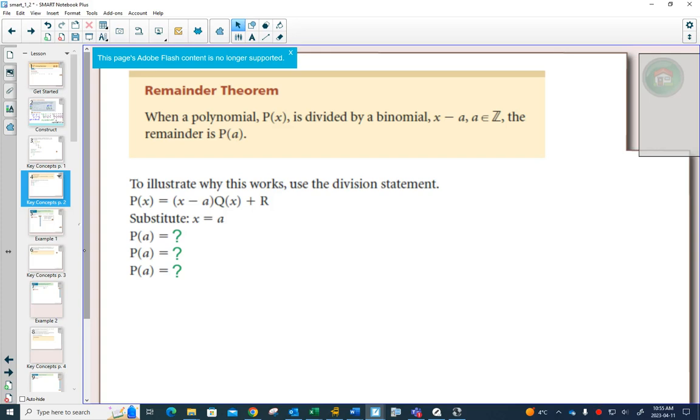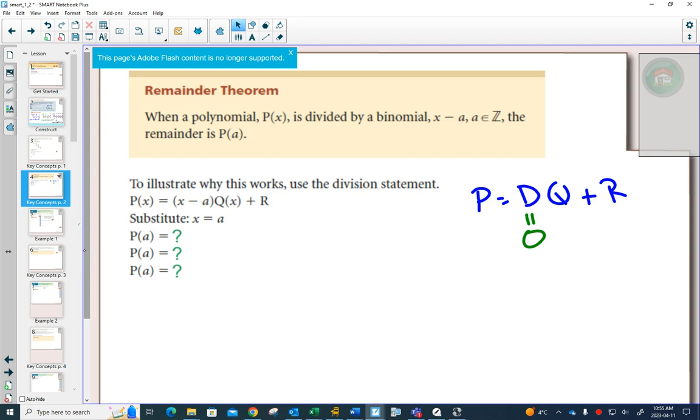And the division statement explains why this happens. Because your division statement, if your divisor is x minus a and you plug in a, this part will always equal 0. And 0 times the quotient will still be 0, and you will just get the remainder that's left.